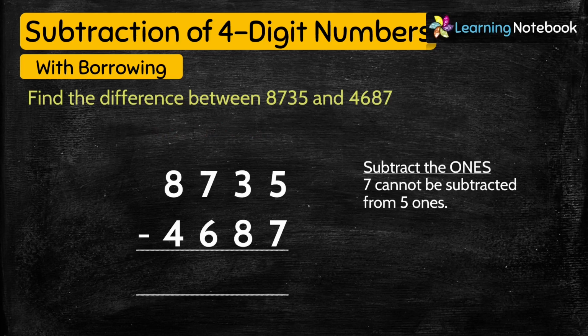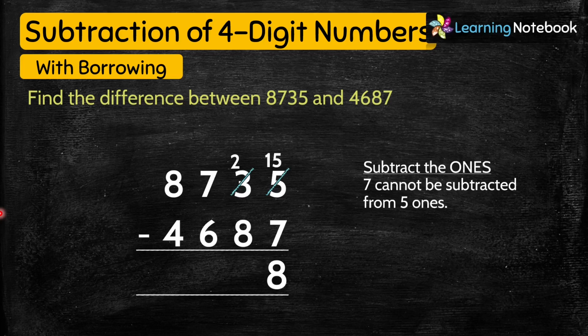But 5 is weaker than 7. So 5 needs to borrow. It will borrow from tens place. So 3 becomes 2 and 5 becomes 15. Now 15 minus 7 equals 8.